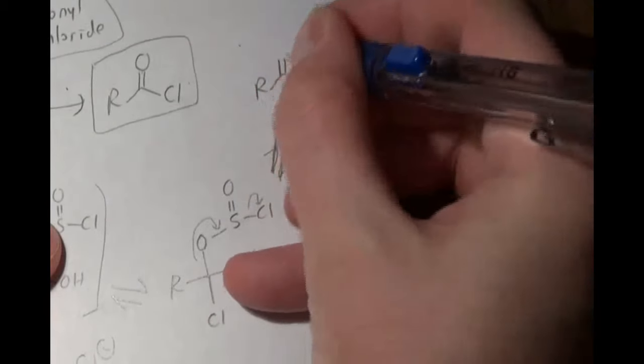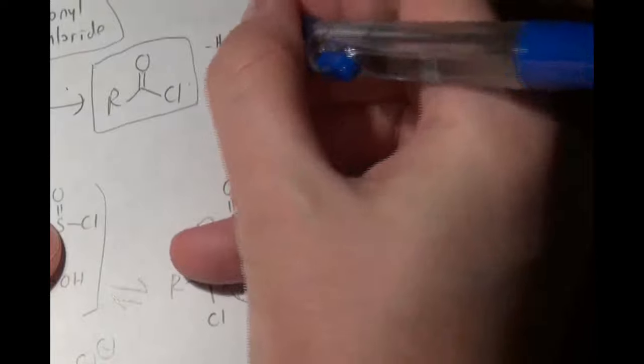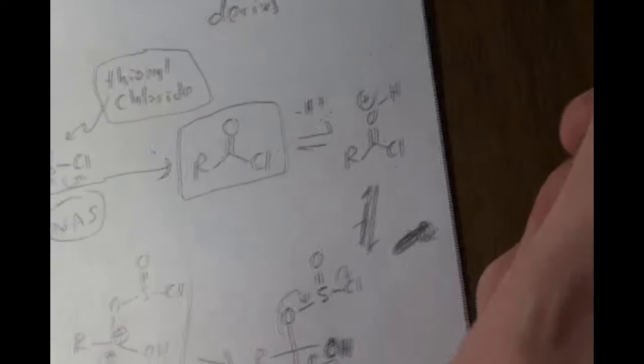Okay, you have your protonated acid chloride now, and loss of proton, minus H plus, gives us the final product. Okay, so what gets kicked off of this?